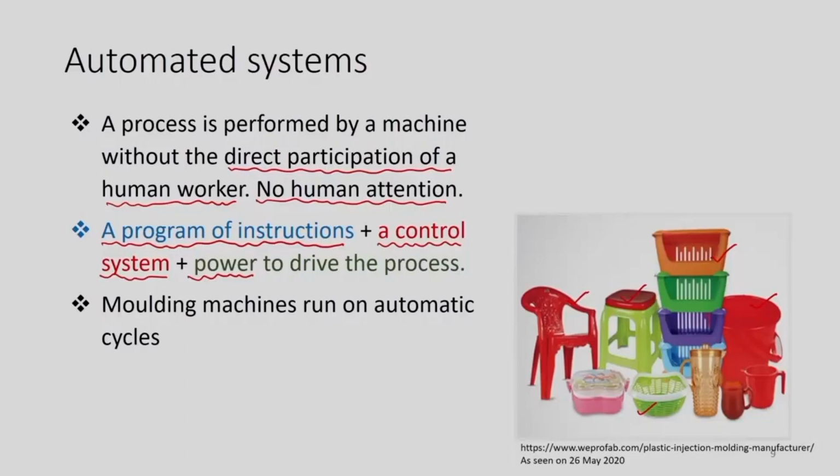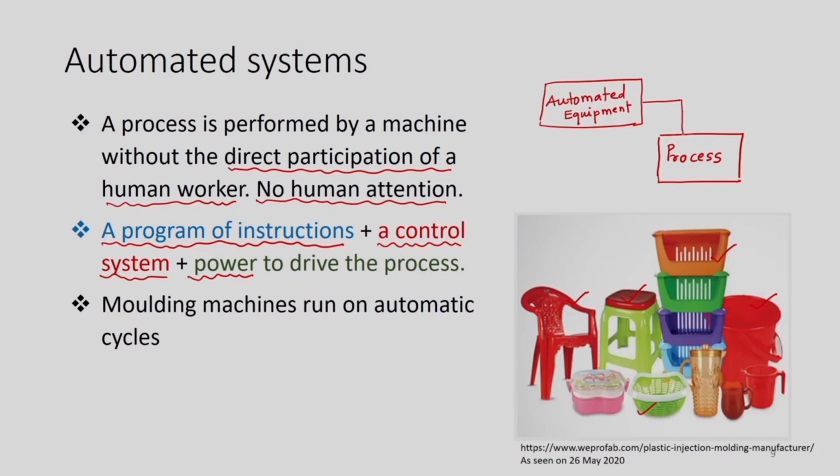So, in block diagram we can draw the automated system as a process, and this process is having an automated machine. I will write equipment, it is more appropriate word. So, an automated equipment may be a processing equipment or assembly equipment, or it may be an inspection equipment.